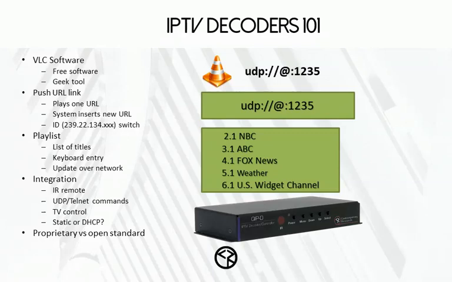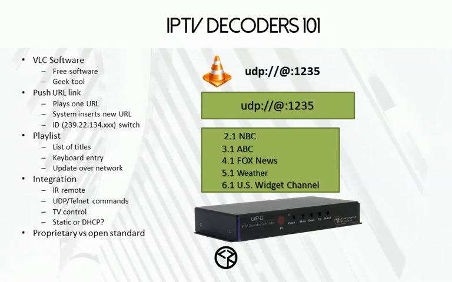The other way to do this is to have a playlist already inside the unit, all the typical channels that the person would want to have that are available at that room, at that site. That's very similar to how TVs work, and allows you to have something as simple as an IR remote, much like a TV set. You do channel up, down, enter the channel number 2.1, and watch the video.